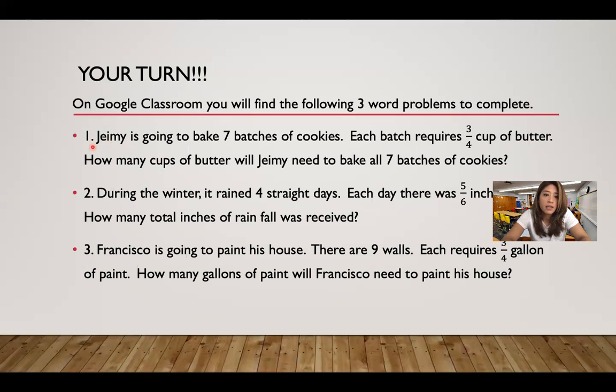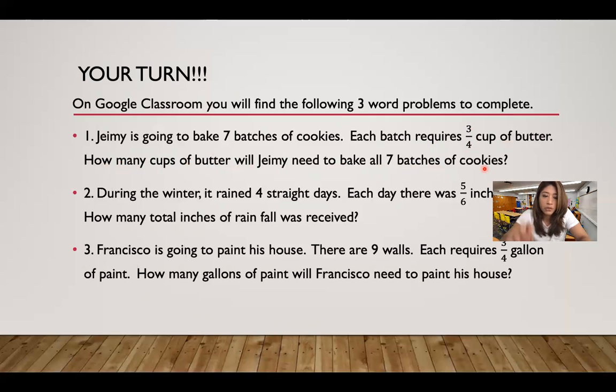Number 1 is, Jamie is going to bake 7 batches of cookies. Each batch requires 3/4 cup of butter. How many cups of butter will Jamie need to bake all 7 batches of cookies? That's word problem number 1 that you need to do for homework.